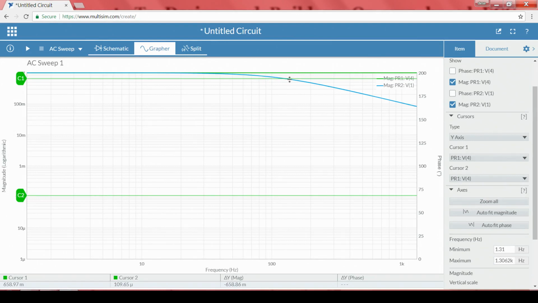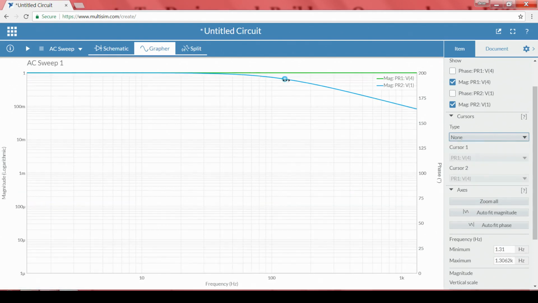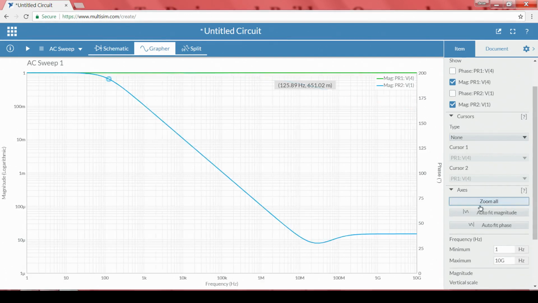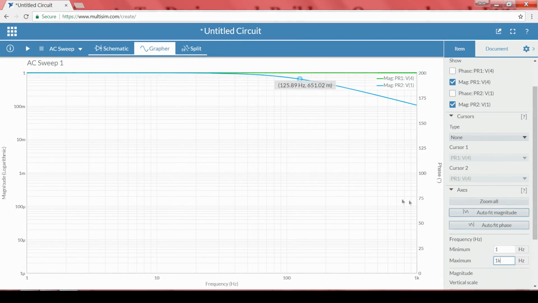If I observe, this particular point will be 700 millivolts, somewhere close to this. I am unable to do that because of the resolution. Okay, 1 kilohertz.